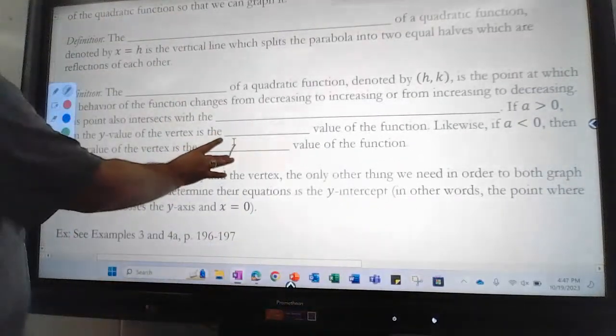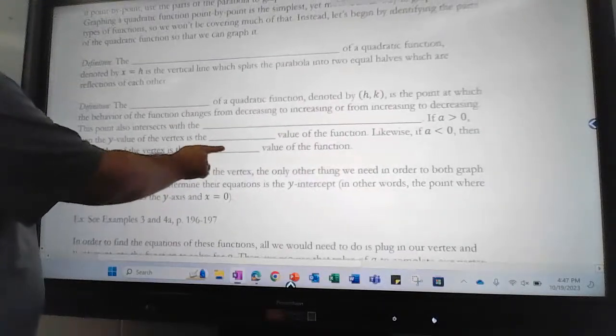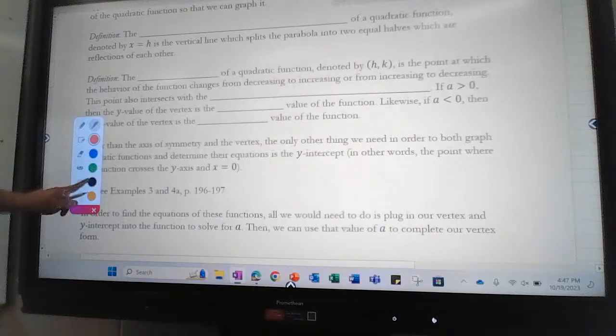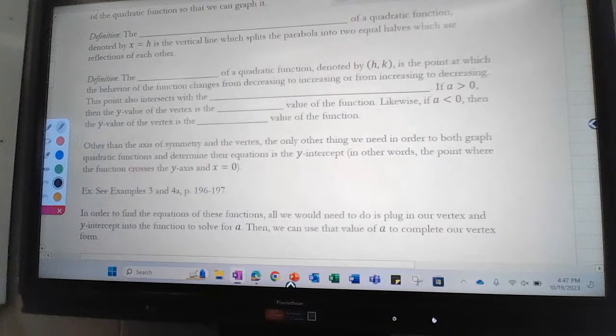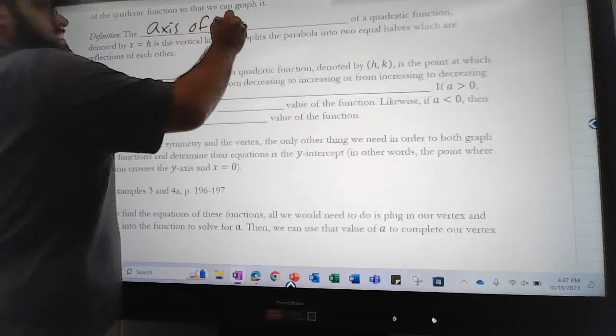All right, so the first thing that we need to graph a quadratic function is what's called the axis of symmetry.